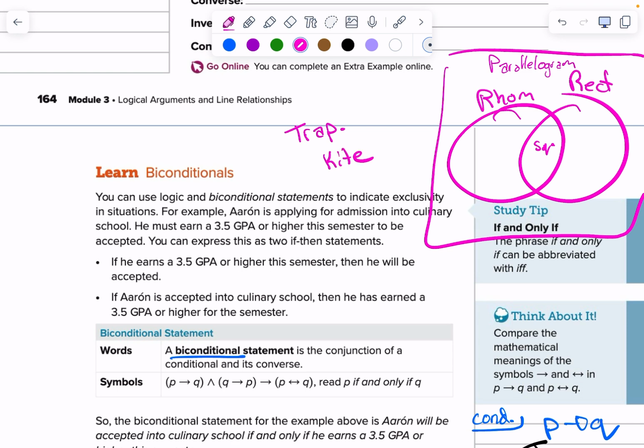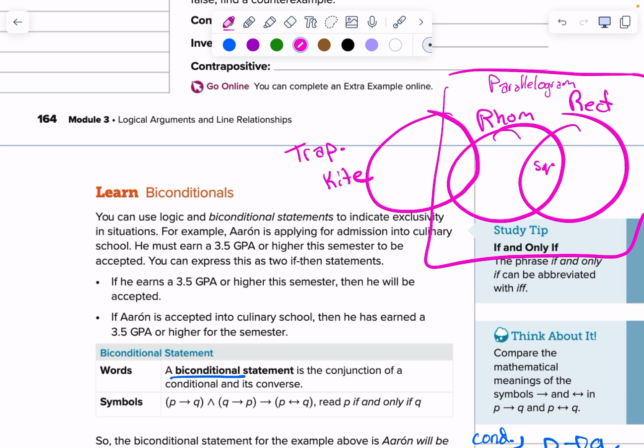Wouldn't a kite be a parallelogram? A kite is a little different. A kite can be a rhombus, but it doesn't have to be. So a kite would look like this.